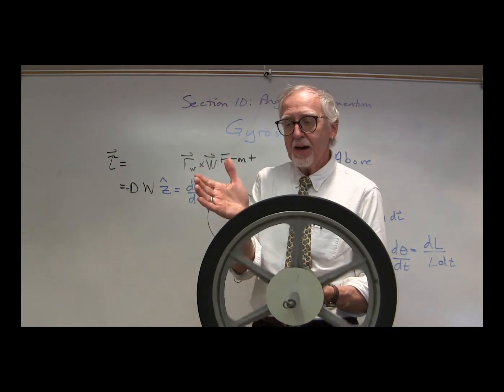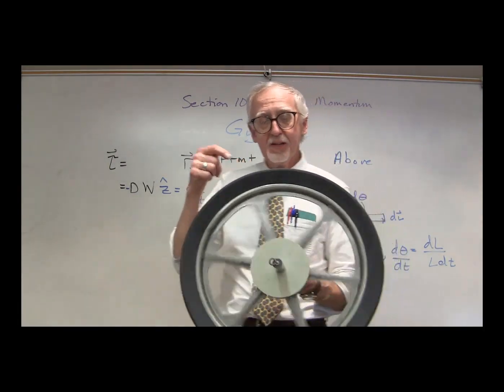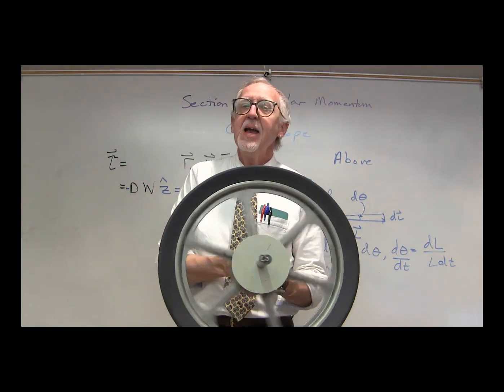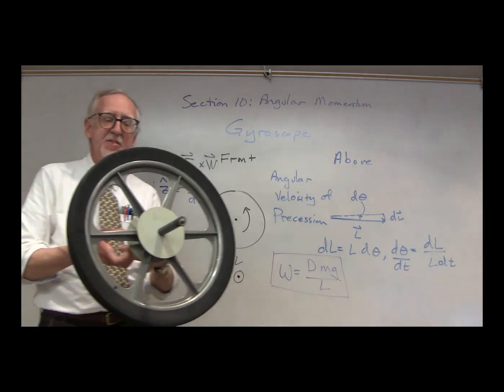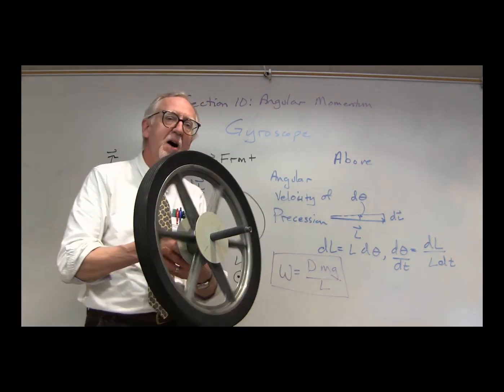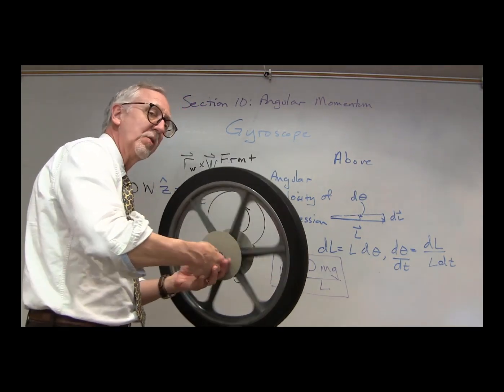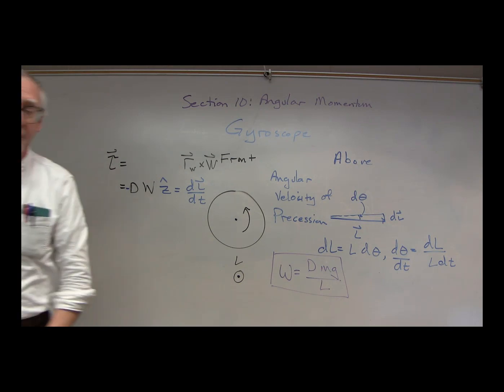What is omega of this rotation? Not omega for the wheel itself, or the gyroscope itself, but how fast it's precessing. The precession is not the rotational motion, but the motion of the rotation rotating around. So we've got two different kinds of rotation.